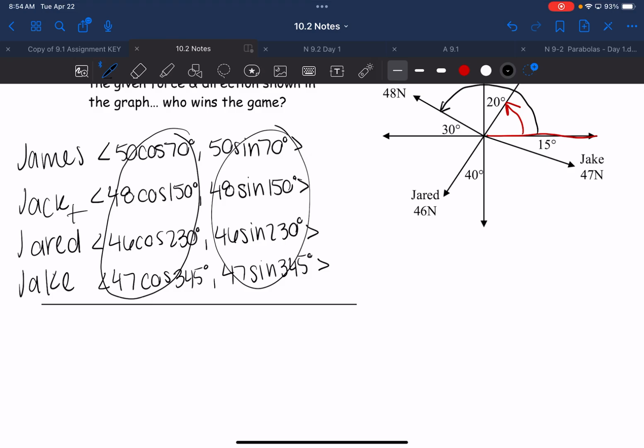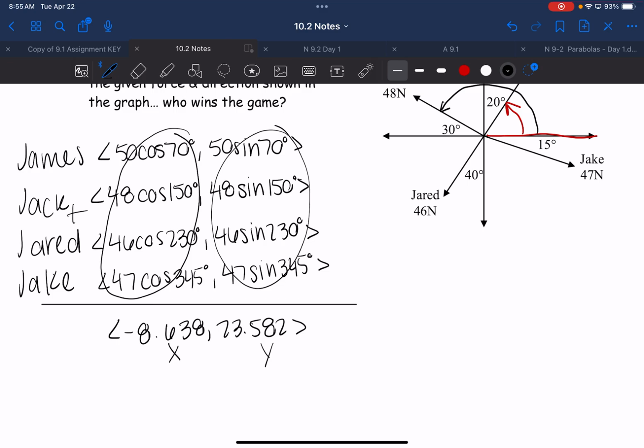So when we added our x components, what did we get there? Very good. And what about for our y's? Very good.